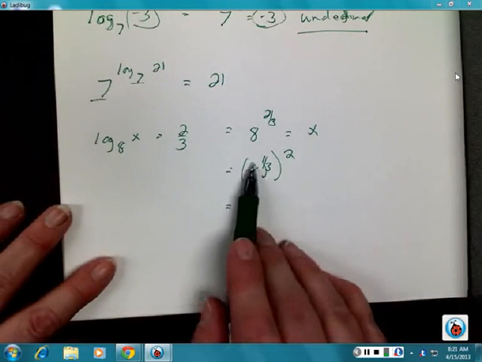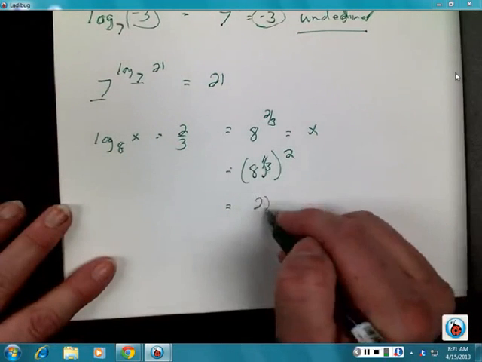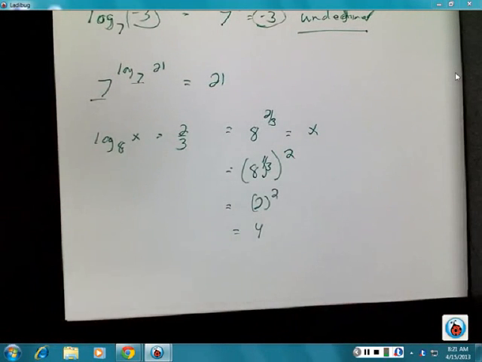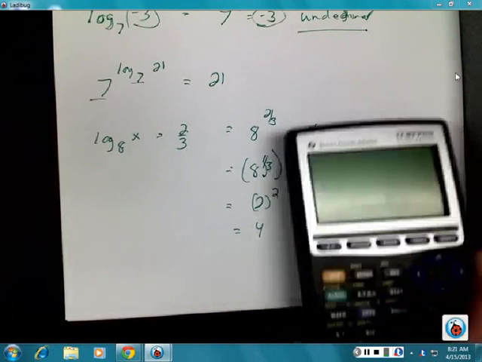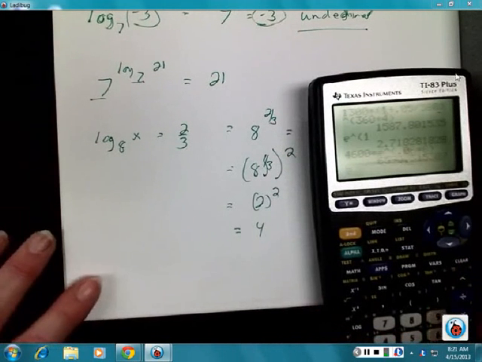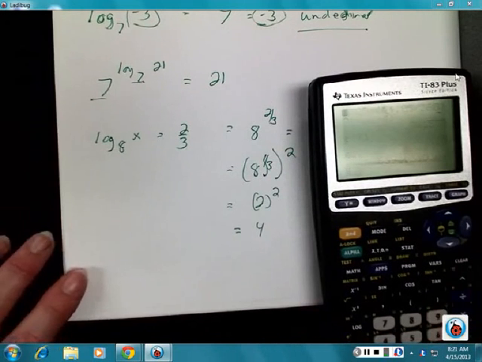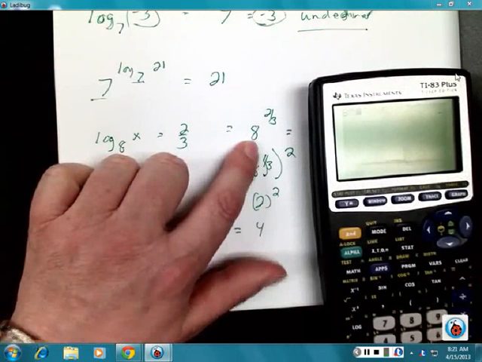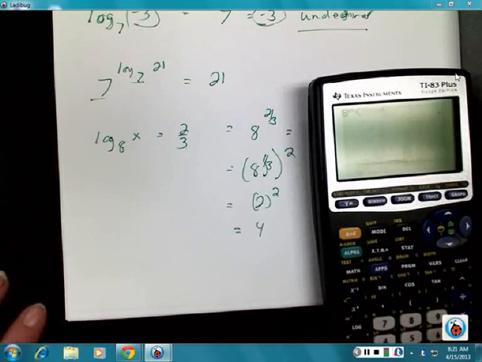The cube root of 8 is 2. 2 squared is 4. But if I grab my handy dandy calculator, clear out what I've got, and take 8 caret, parentheses 2 divided by 3, parentheses, hit enter, I still get the exact same answer of 4.